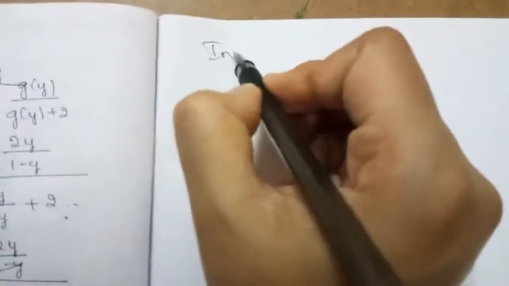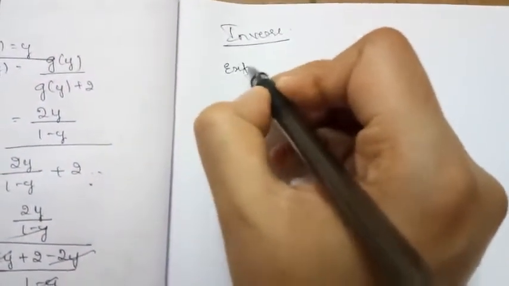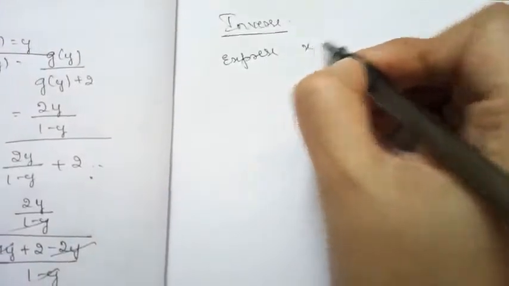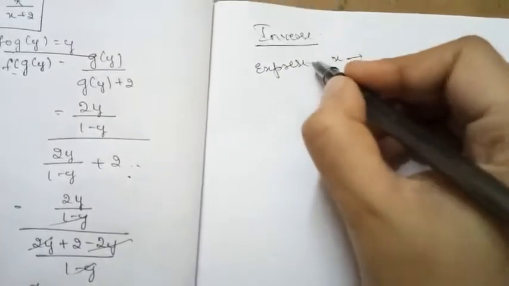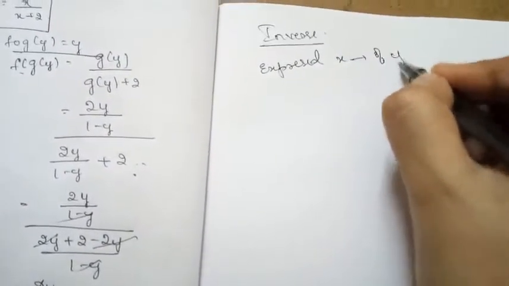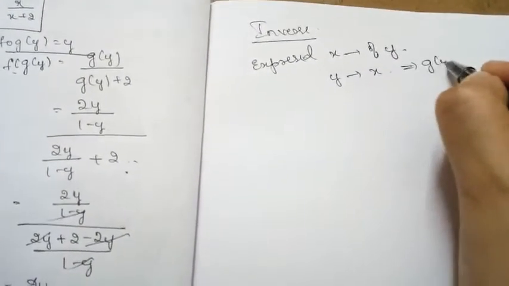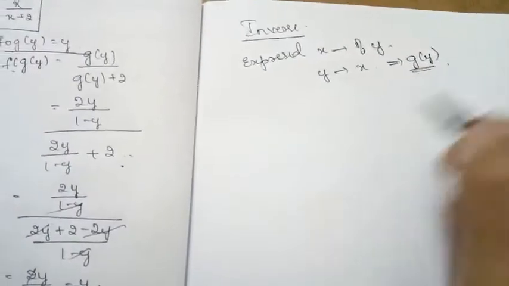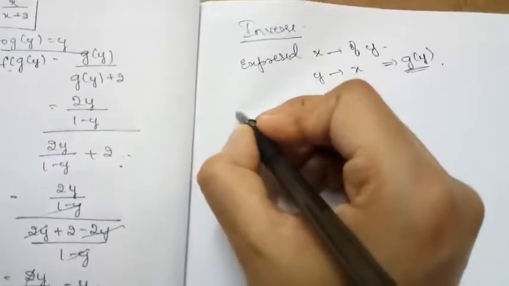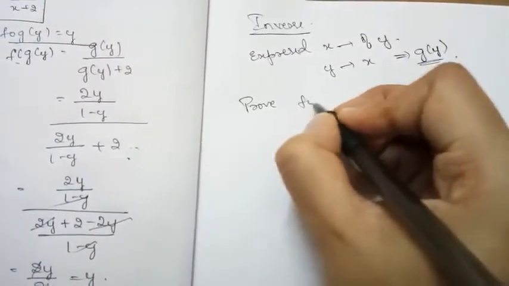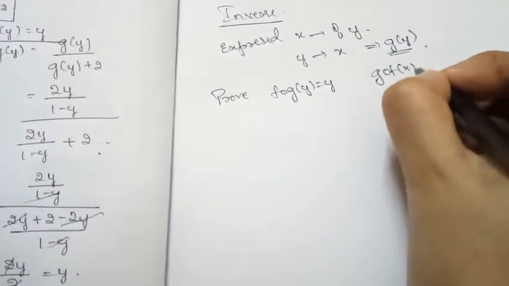To find the inverse, as usual, we have two methods. First, expressing x in terms of y. Here they have expressed x in terms of y. So we need to express y in terms of x, and we are going to call that g of y. After that, we need to prove fog of y is equal to y and gof of x is equal to x.